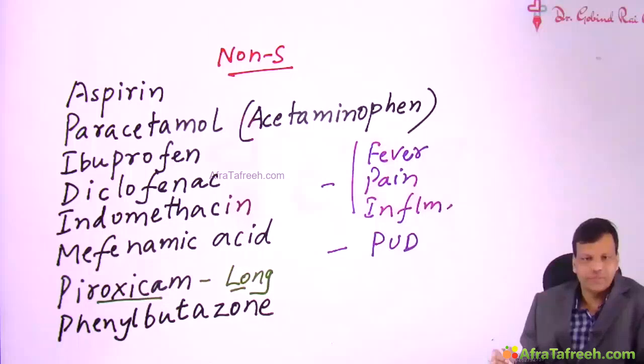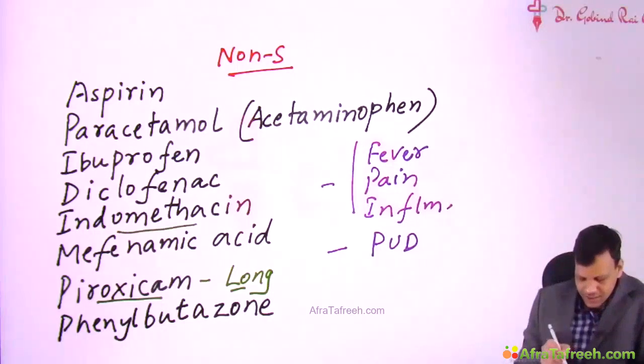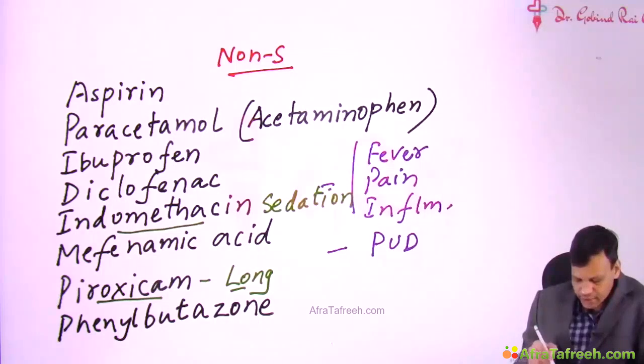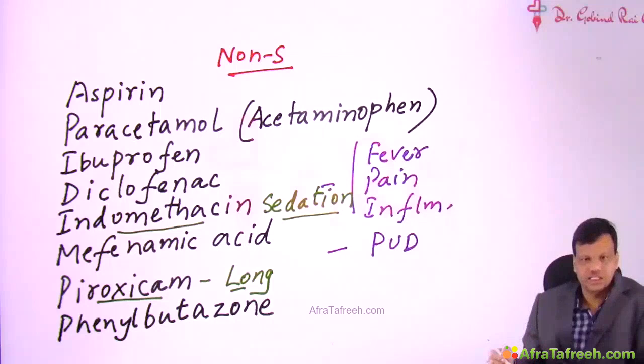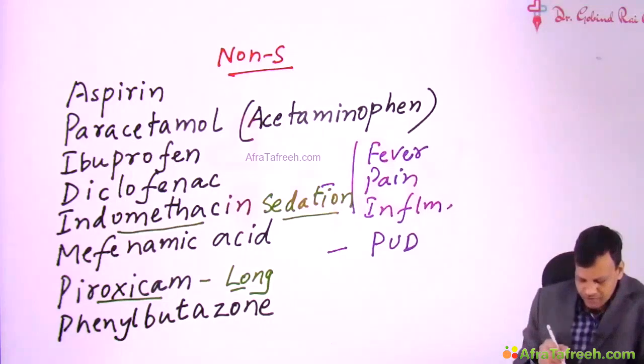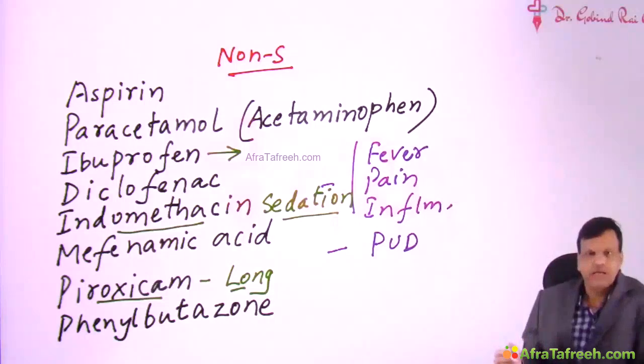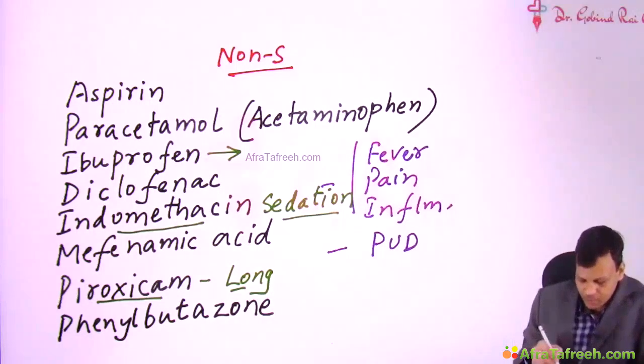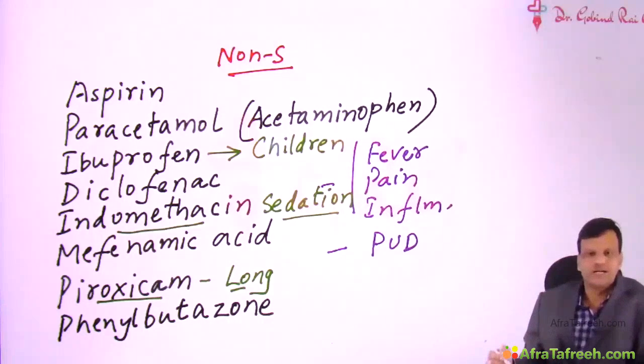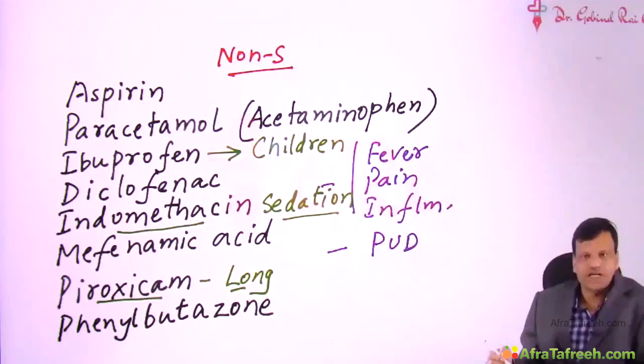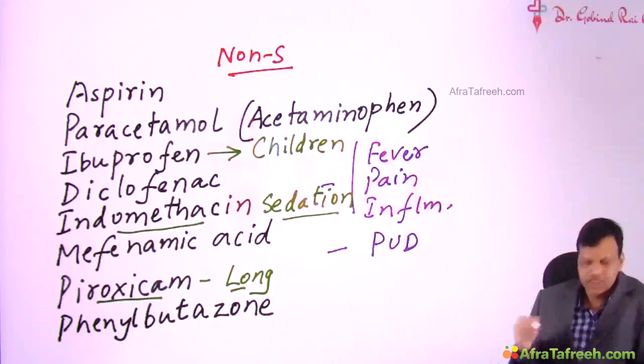Because of enterohepatic cycling, it is utilized again and again, so it is very long-acting. Indomethacin can produce sedation, so it should be avoided in persons requiring constant attention. Ibuprofen is the only anti-inflammatory drug which is approved in children. So the non-steroidal anti-inflammatory drug of choice in children is ibuprofen.